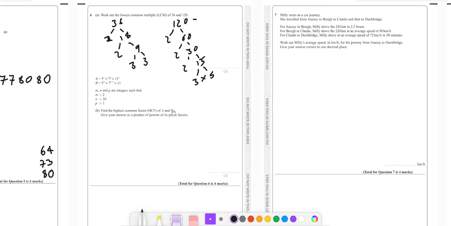So 120 is 2 to the power 3 times 3 times 5, and 36 is 2 squared times 3 squared.